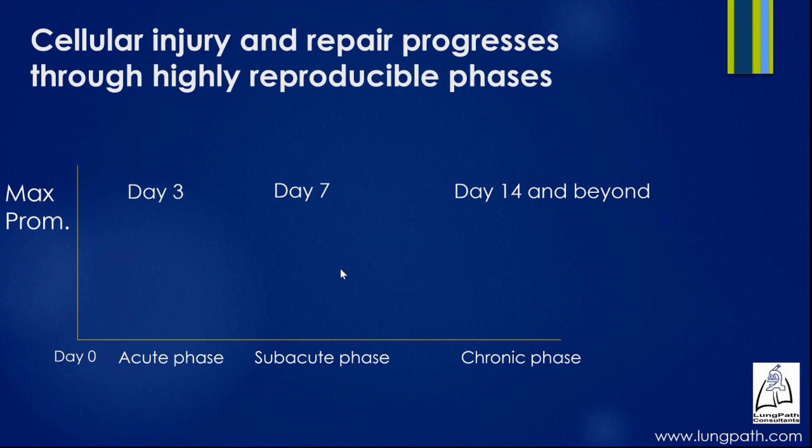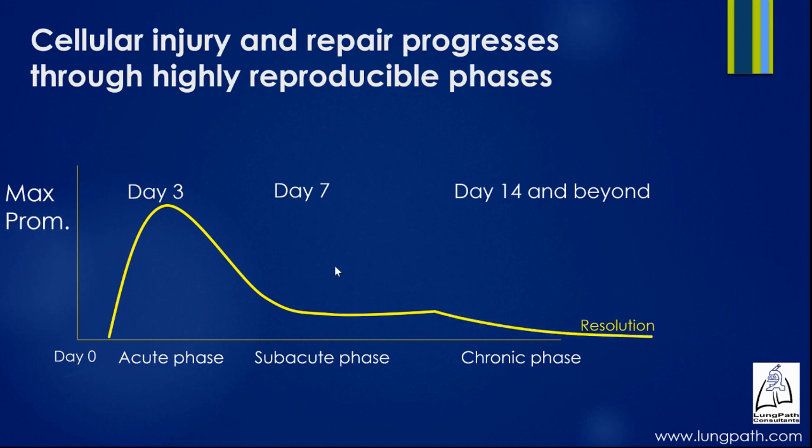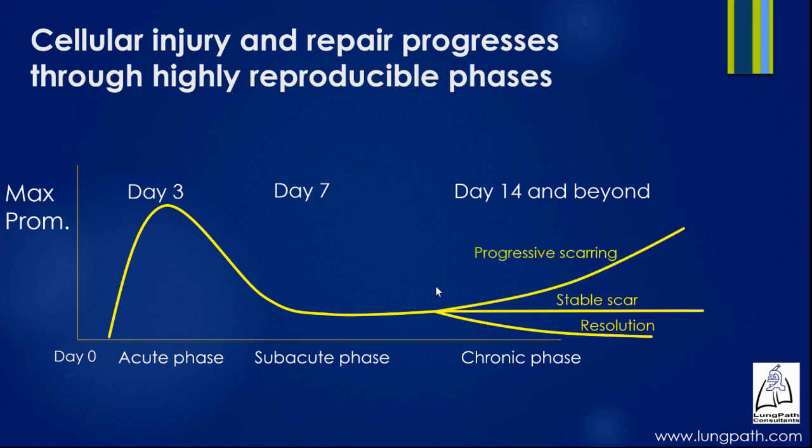characteristic fashion. From day 0 to about day 8, the patient will have edema, will have cellular reaction, will have infiltration. And after about 10 days, that acute injury process will resolve, will become stable and associated with scar in many cases, or progress with scarring.